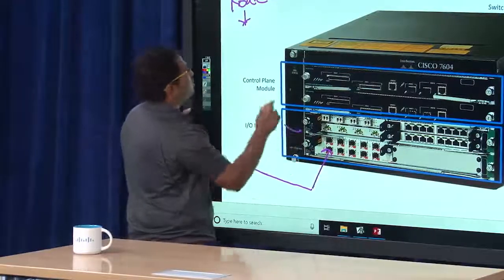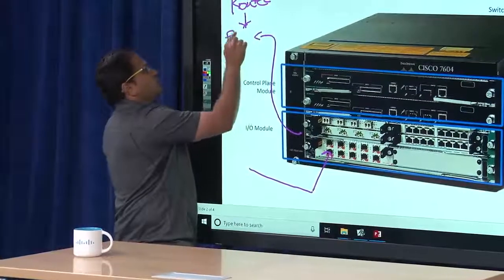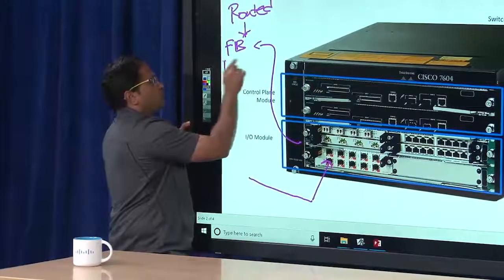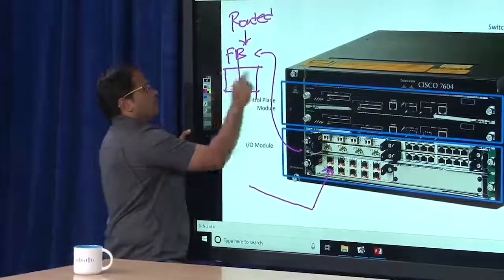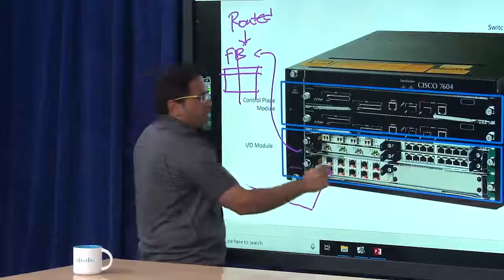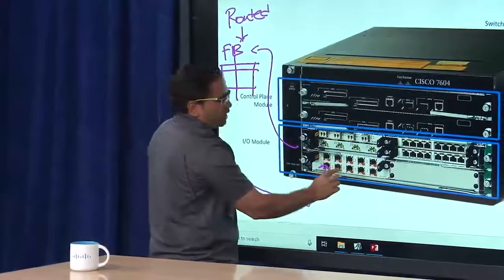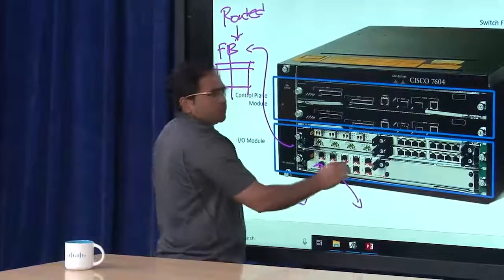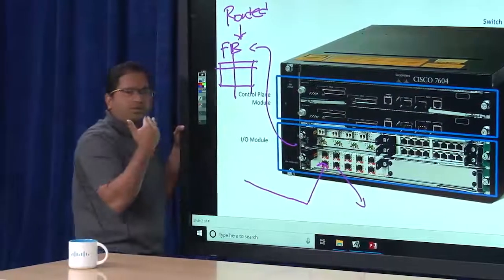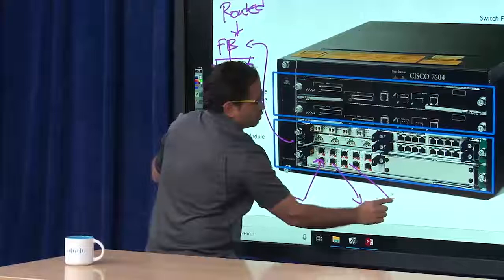The I/O module refers to the FIB that was created before and determines what the next hop of this packet is supposed to be. Is it an endpoint that I can reach directly, or is it an endpoint that I need to get to another router to get to?